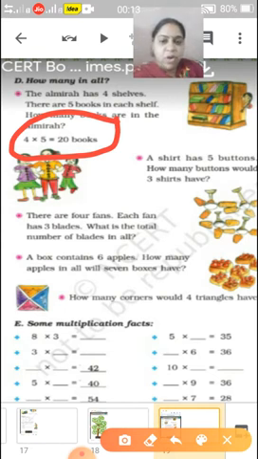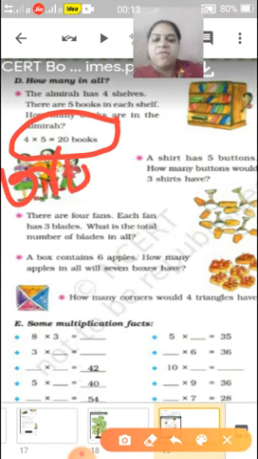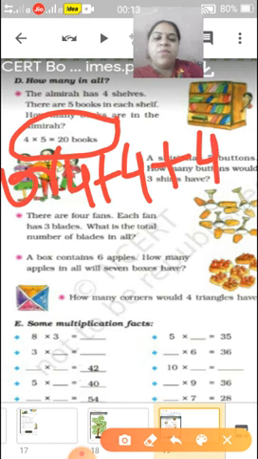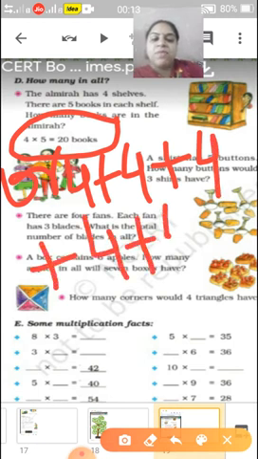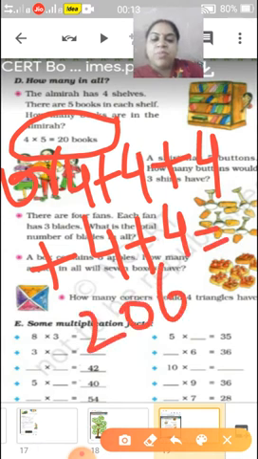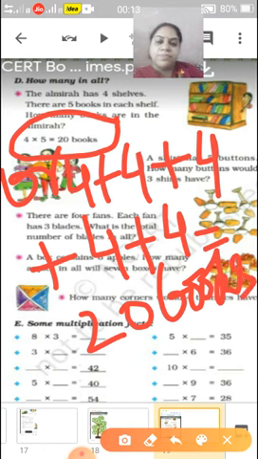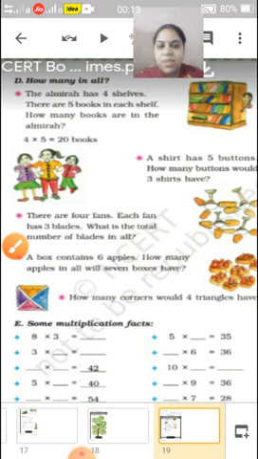Okay children, or you can write this as 4 plus 4 plus 4 plus 4 plus 4 is equal to 20 books. Now come to next.